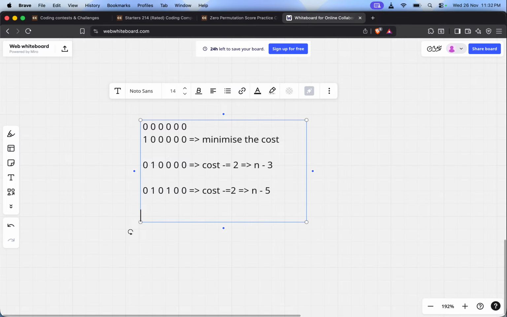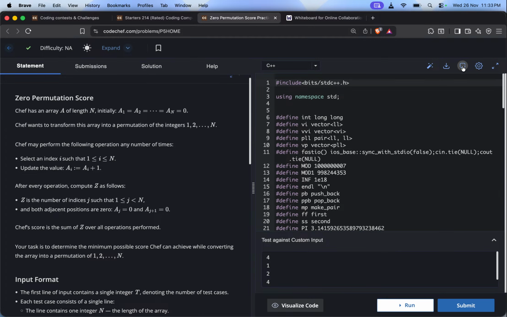This pattern will continue until the cost changes to 0. After that, no cost will be required. So our answer is equal to the summation of n minus 3, n minus 5, and so on until it reaches 0. Let's implement it in our code.